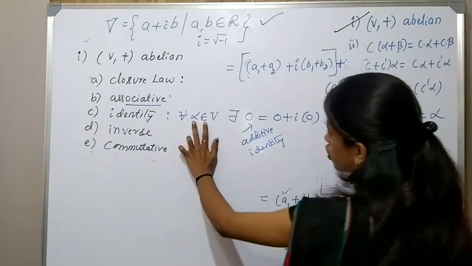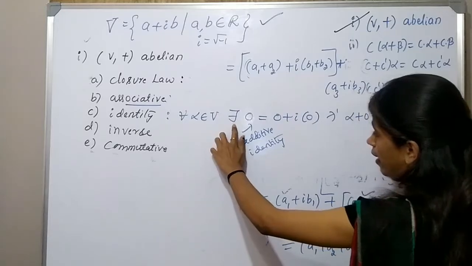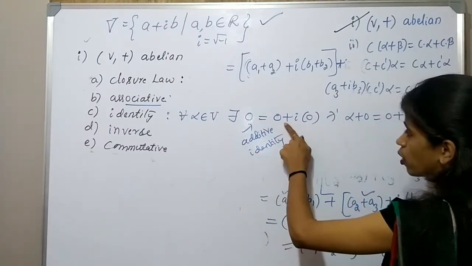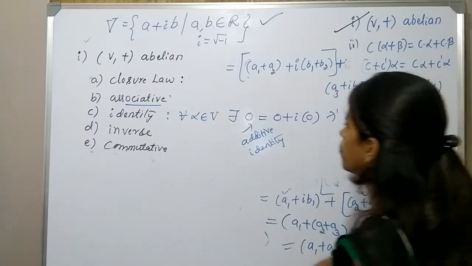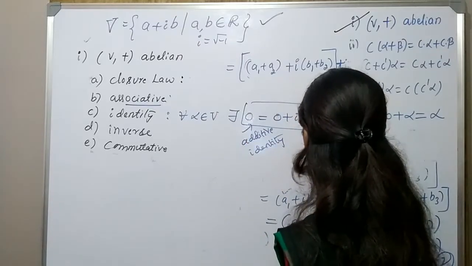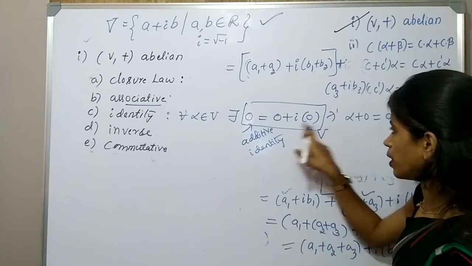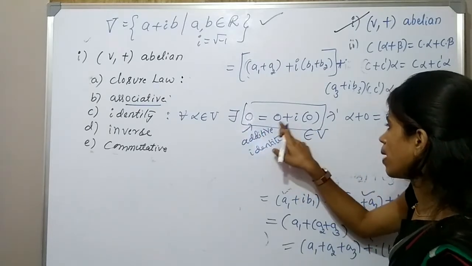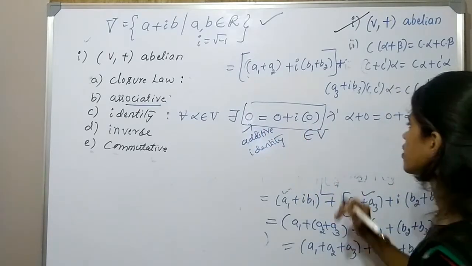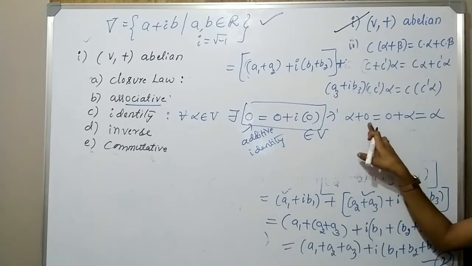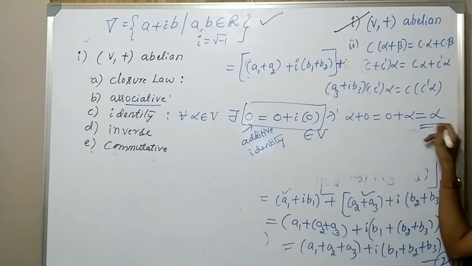So for all alpha belonging to V, there clearly exists an additive identity, 0 plus i0. Why am I writing it like this? Because 0 is also an element of V. Elements of V look like A plus i into B, so 0 also looks like A plus i into B. That's why I am writing 0 plus i into 0, such that alpha plus 0 is equal to 0 plus alpha, which is equal to alpha.